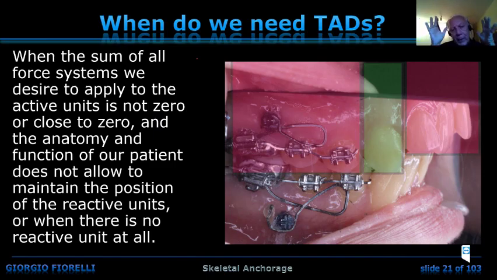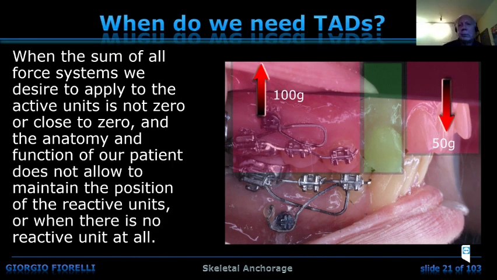I understand that for you this can be a little bit complex and maybe you're not so used to it, but I will give you a little example. Let's assume that we need to apply this force and this force to this unit here and this unit here. Forget that here you see a TAD.